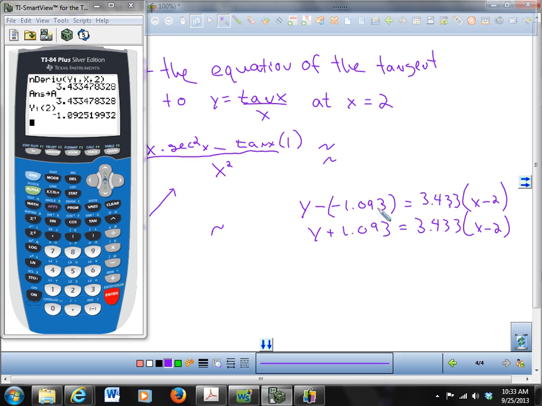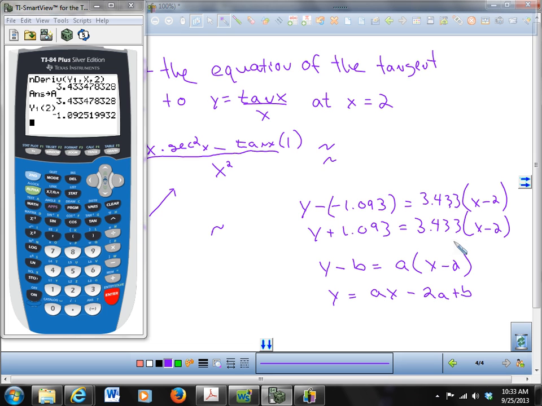So I could do that. I could go y minus, I would store that as b. So y minus b equals a times x minus 2. And then if I want to get it into slope intercept form, y equals ax minus 2a plus b.